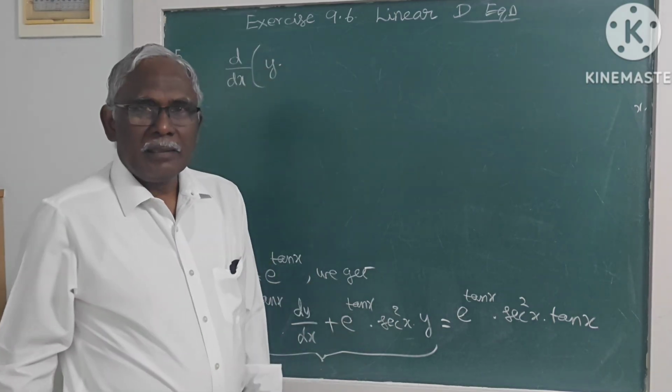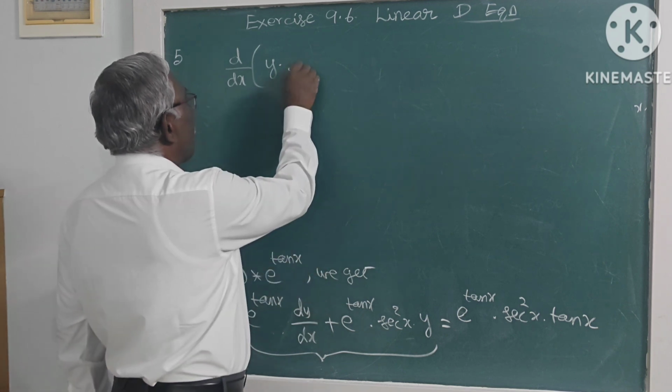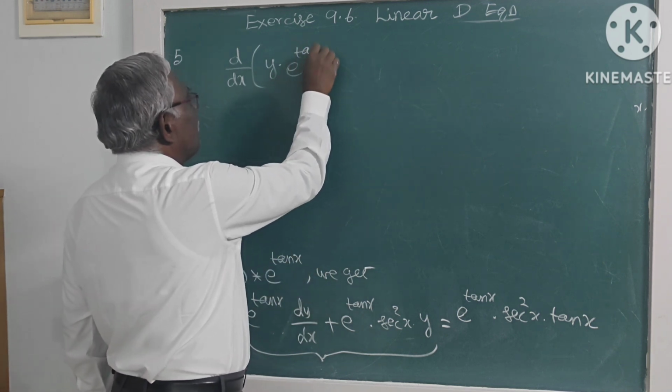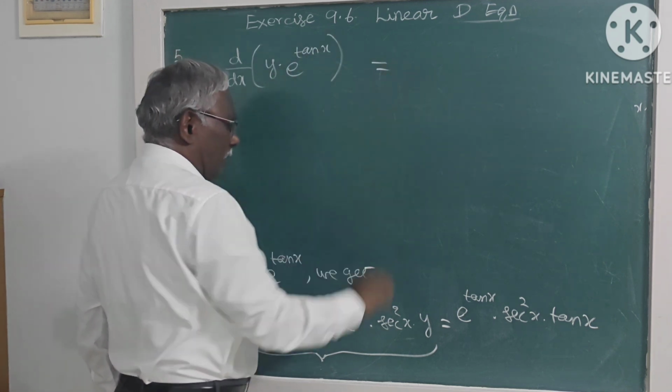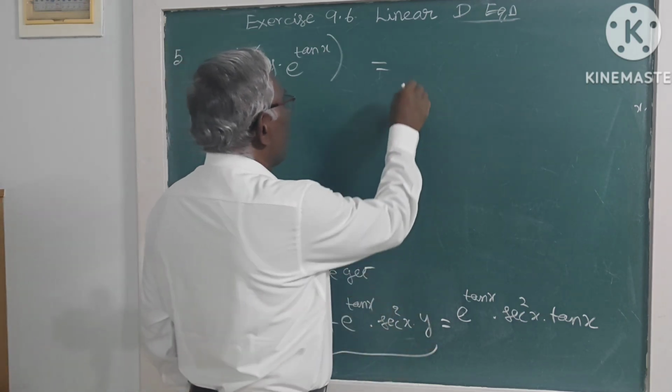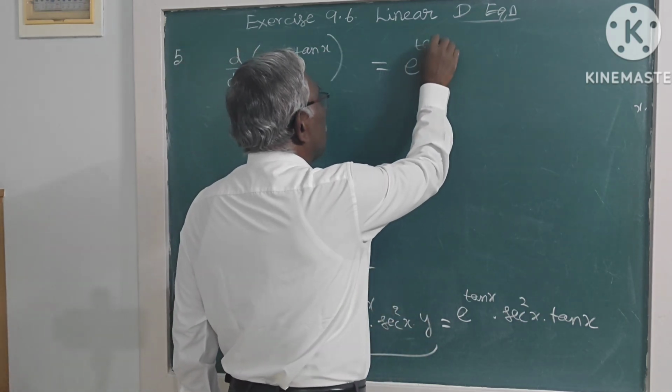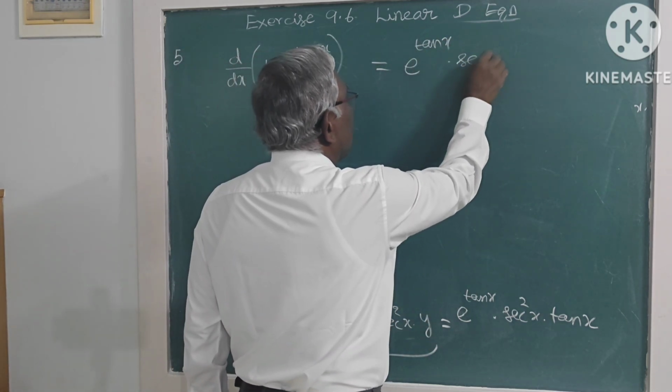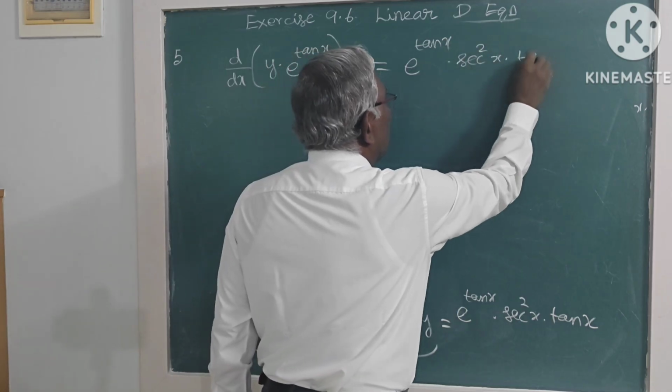Integrating factor is e power tan x. This is equal to e power tan x into secant square x into tan x.